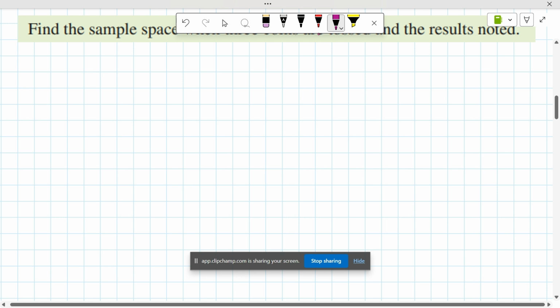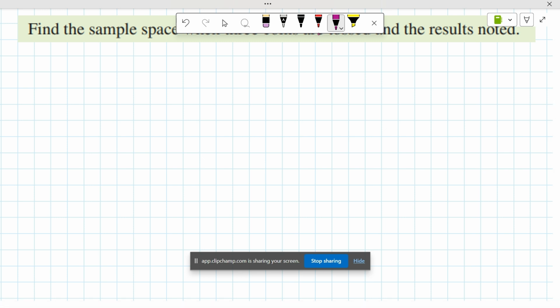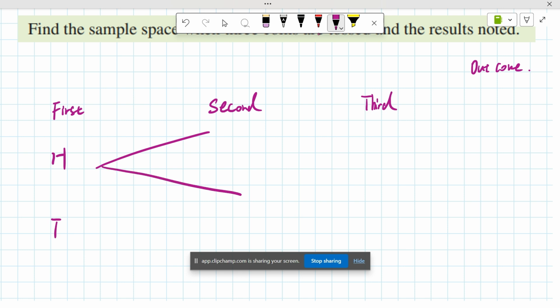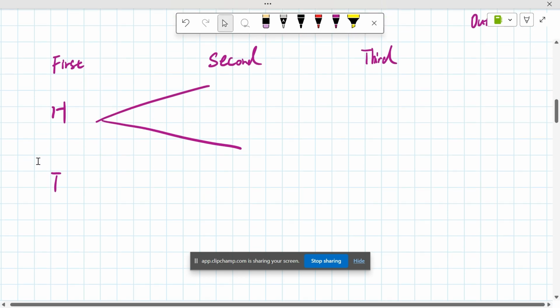Okay, so first row, we say first, and we say second, and we say third, and also the outcomes. First we have heads and tail, and sorry, we should move these tails a little bit further.